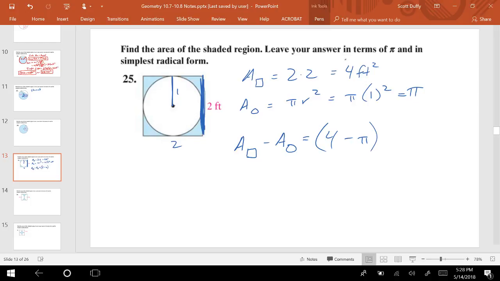If I had asked you to not leave it in terms of pi, then you would actually multiply it out, or actually subtract it in the calculator. 4 minus pi equals 0.858. That would be feet squared. But we want it in terms of pi, so that's 4 minus pi feet squared.